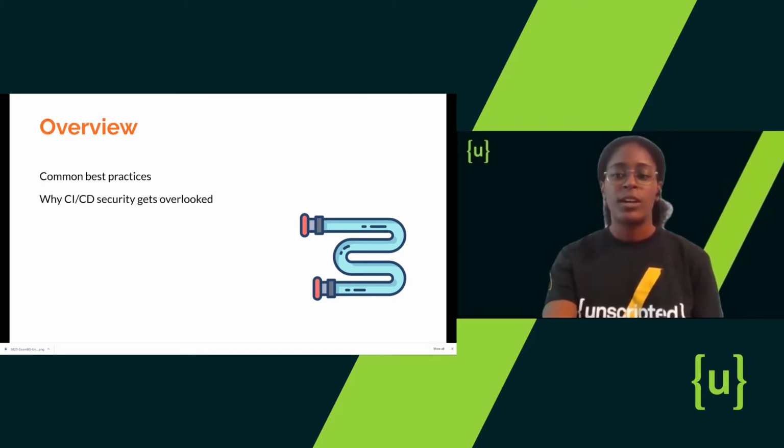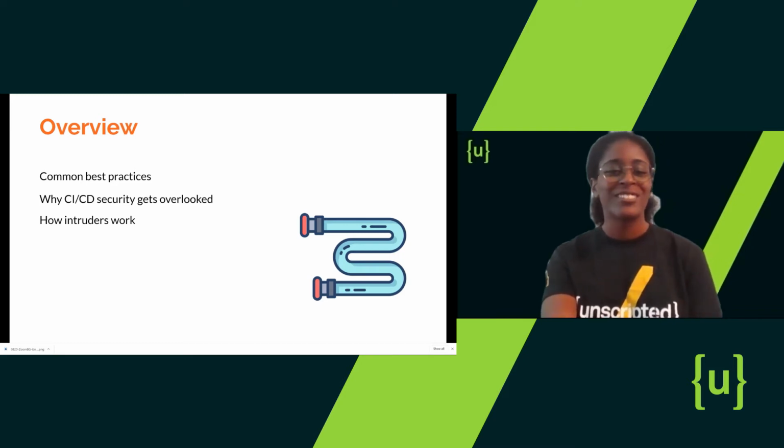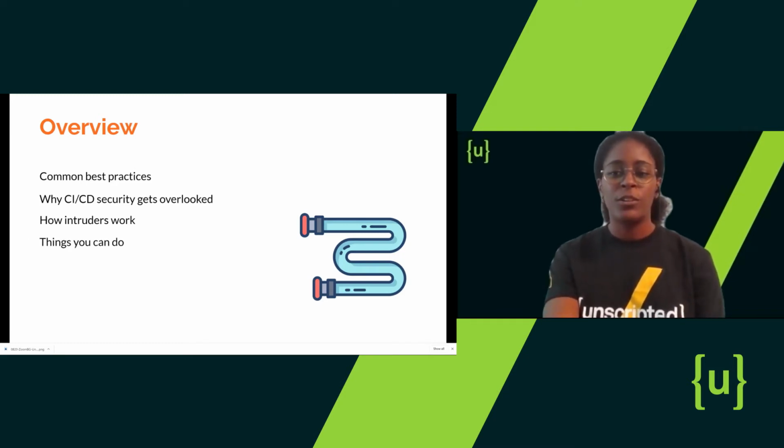Then we'll get into why security typically gets overlooked in the CI/CD pipeline, and it probably won't surprise you as much as you think. Then we'll talk a little bit about how intruders work, which honestly did surprise me a little bit personally. And we'll go over some things you can do to stop them.